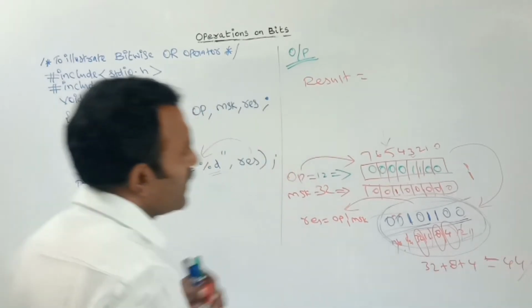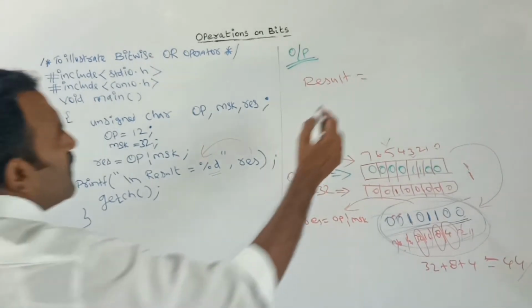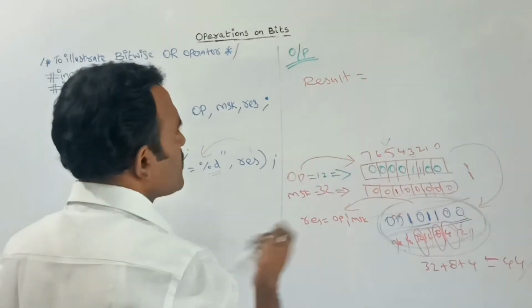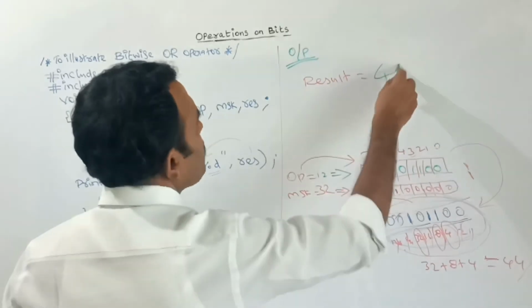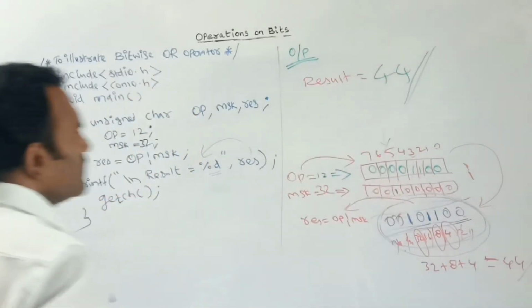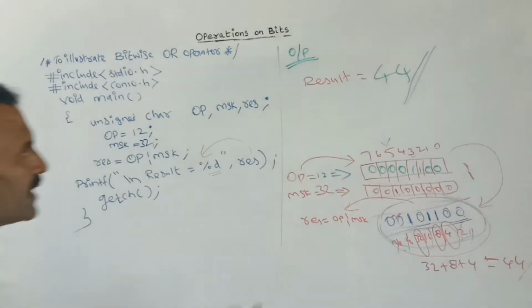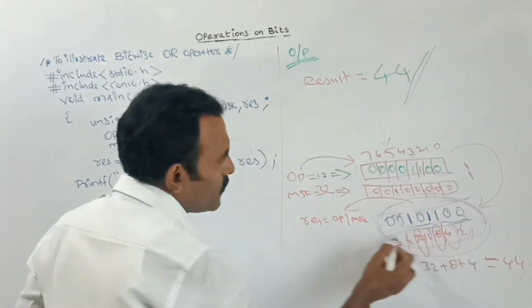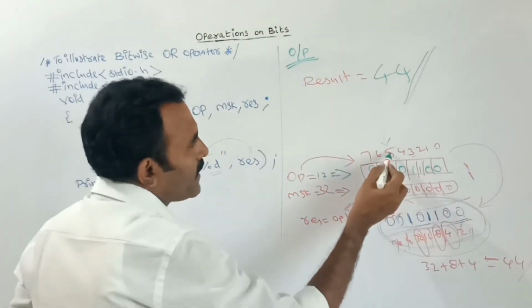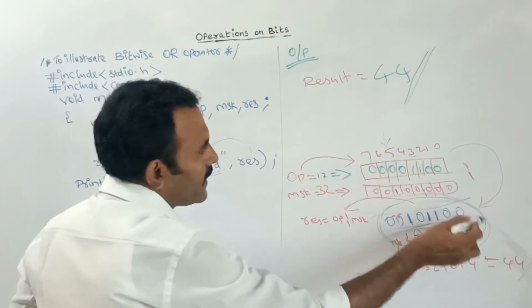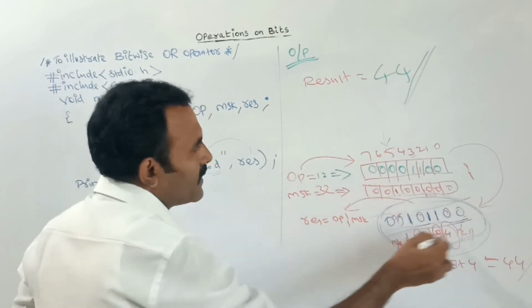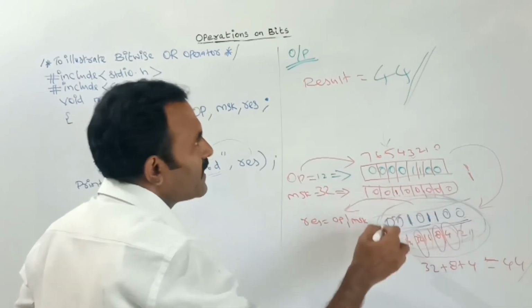So the result will print like this: result is equal to 44. Because if I turn on the fifth position in this binary value, the corresponding decimal value is 44.